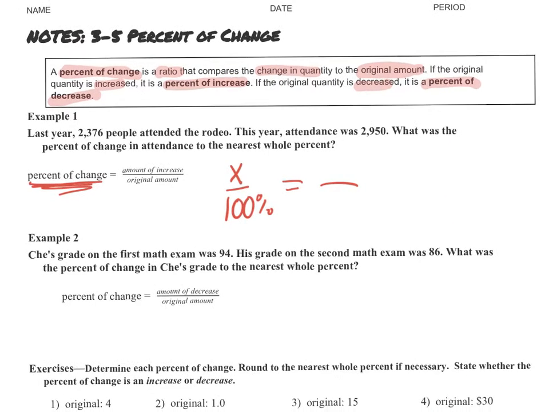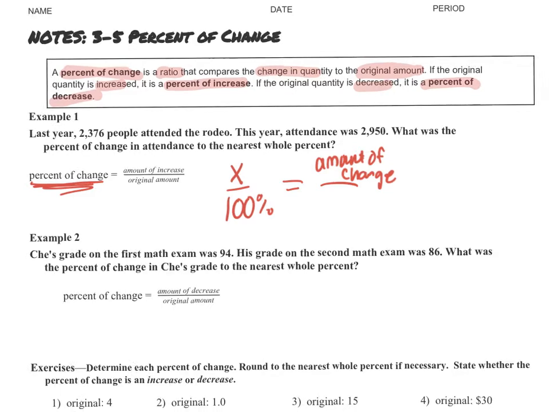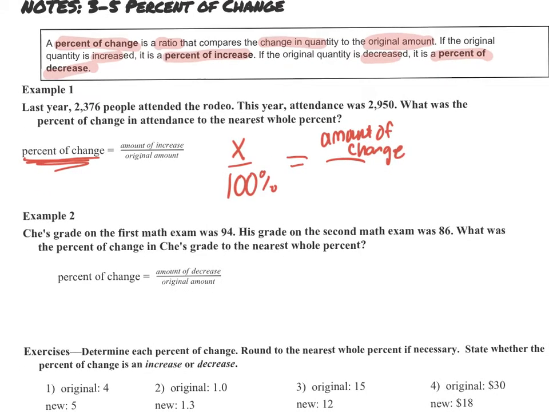And the other is going to be the amount of change, the difference between your original and your new amount, whether it's price or population, on top of your original amount every single time. That's how we want to set these proportions up every single time.